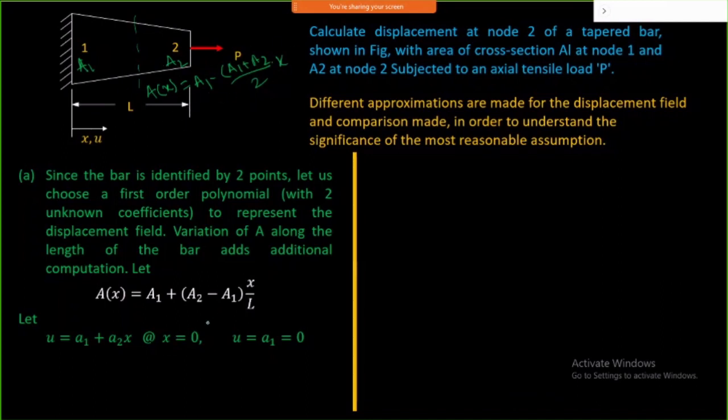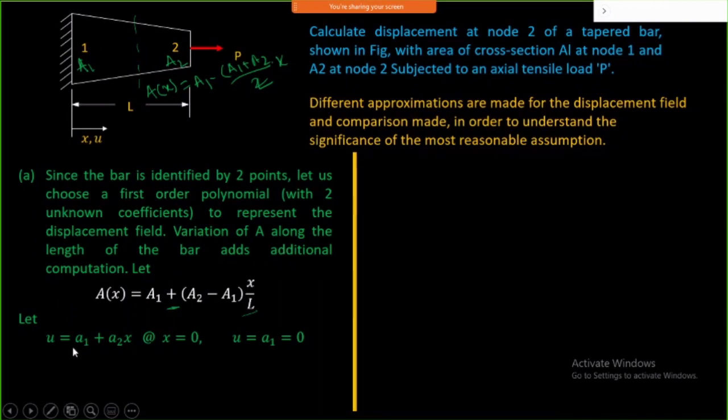Here we need to determine the displacement at point 2, that is node number 2, subjected to the axial force P. Here you can see A2 is lesser, so this term will become negative, and this area will go on decreasing. Don't worry about it, you can get a perfect result.